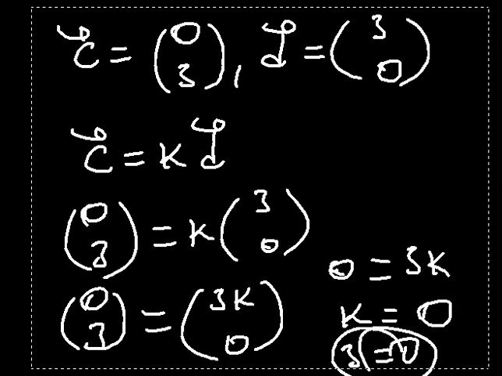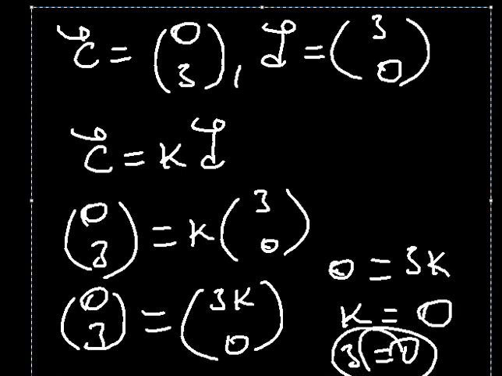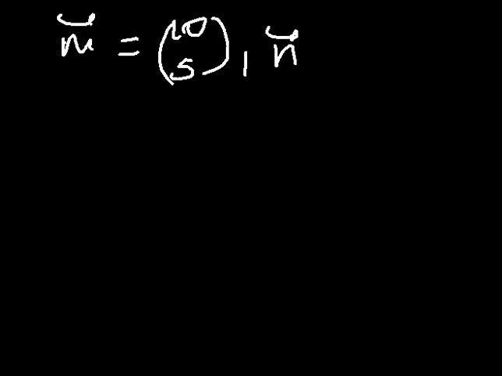Now let's say we have also this kind of a case. Let's say we have a vector m, that is given as (10, 5), and we have the vector n that is given as, let's say, (2, 1).